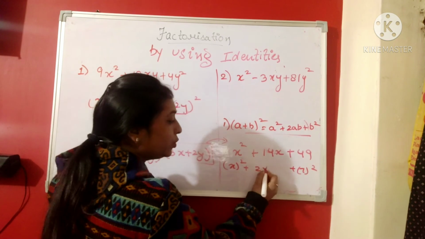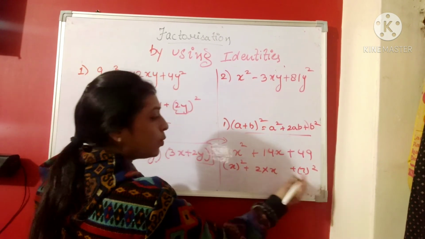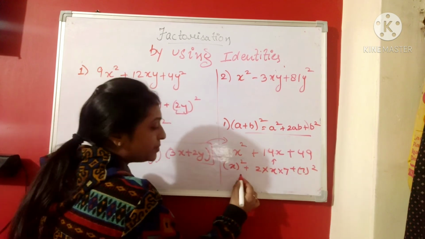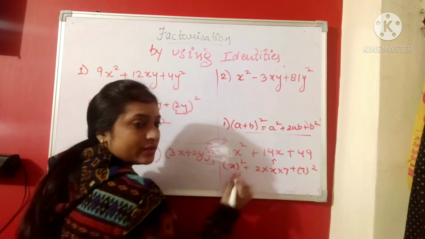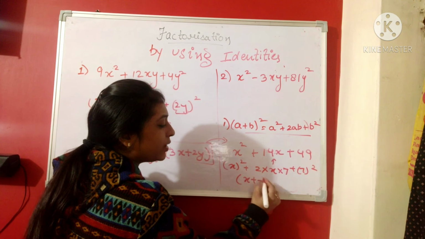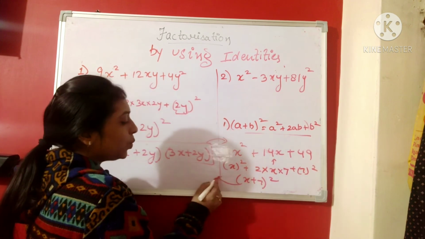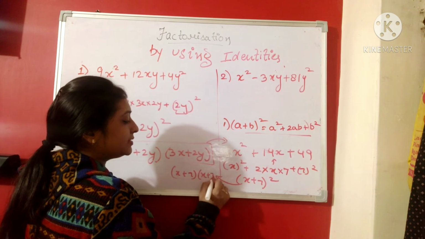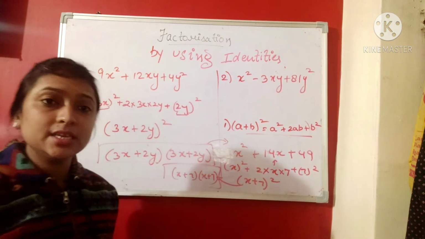So, 2 into a, what will be a? x. What will be b? 7. It is satisfying this. That means a will be this, b will be this. So, x plus 7 whole square, which means x plus 7 into x plus 7, and this becomes the answer.